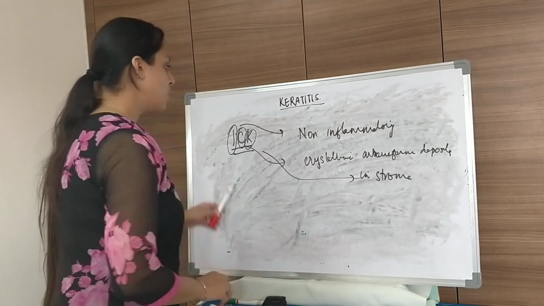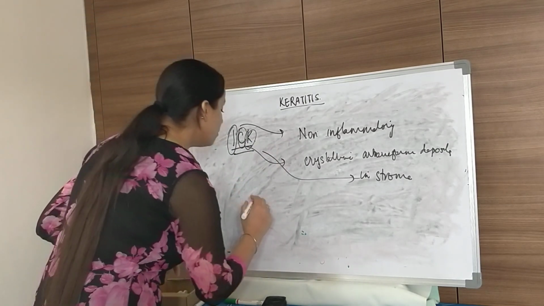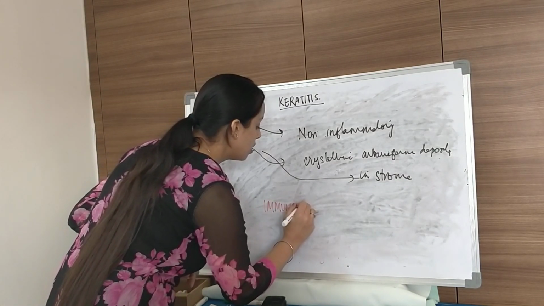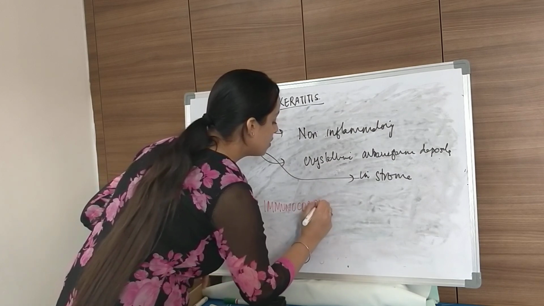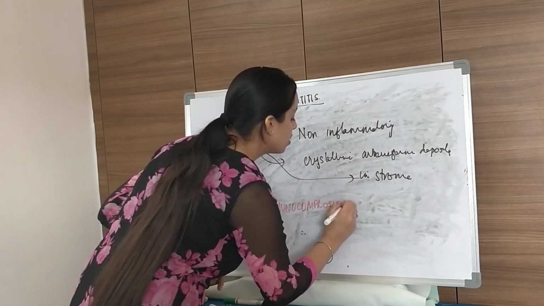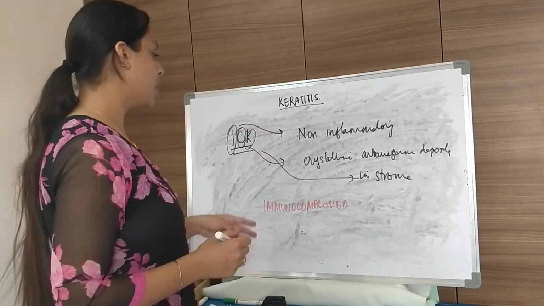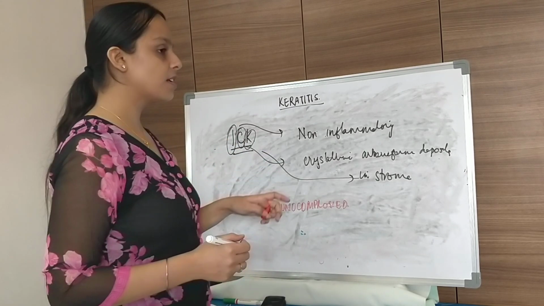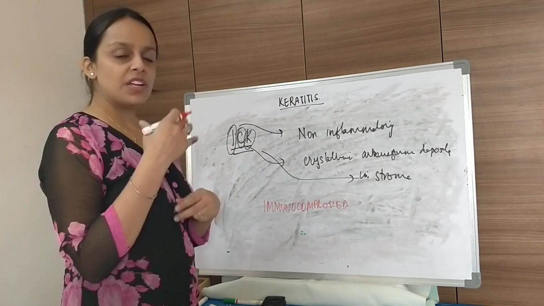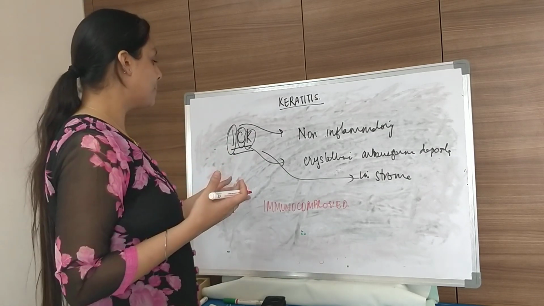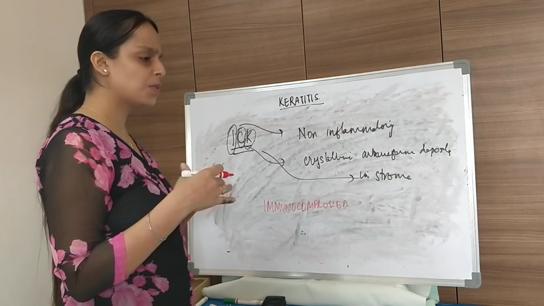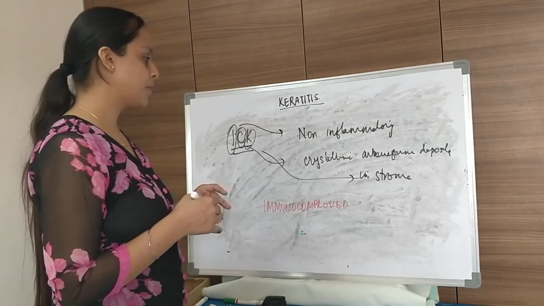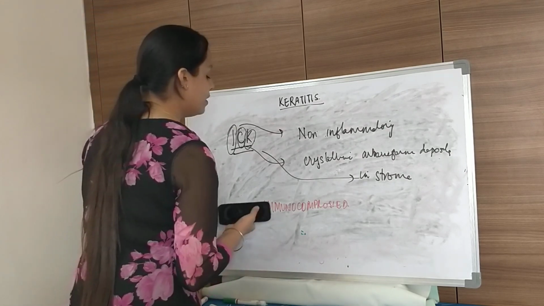So which are the patients who are going to have this ICK? Immunocompromised individuals. Okay? The patients who are using steroids for a very long time, those are the corneas which will be predisposed to this infectious crystalline keratitis. And what happens is, the periocular pathogens will come along the suture tracts in patients who have had keratoplasty and will harbor this infection. Okay? So how do you treat this ICK?